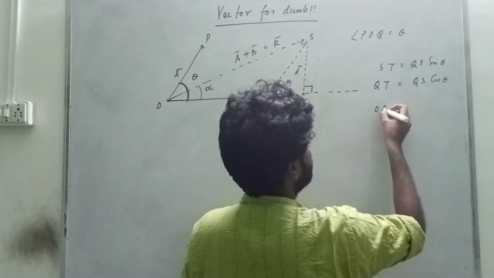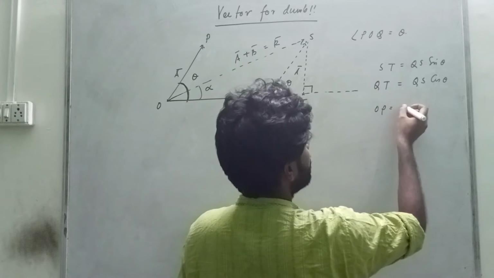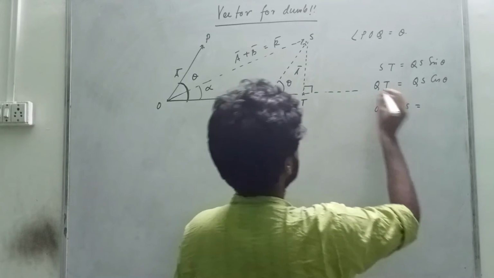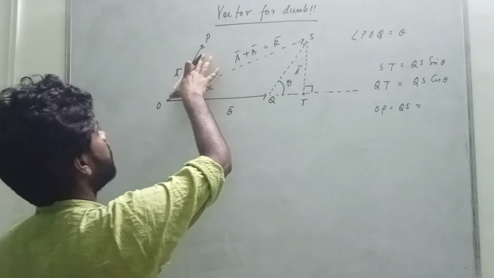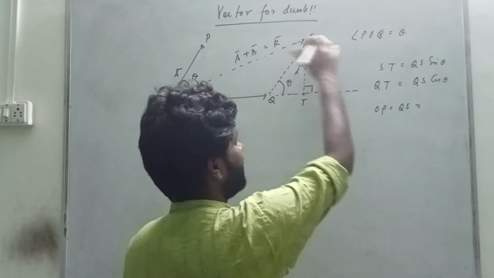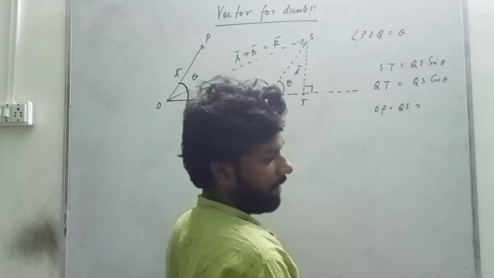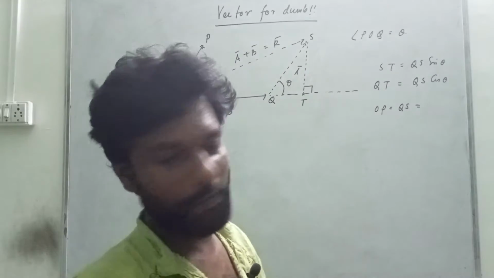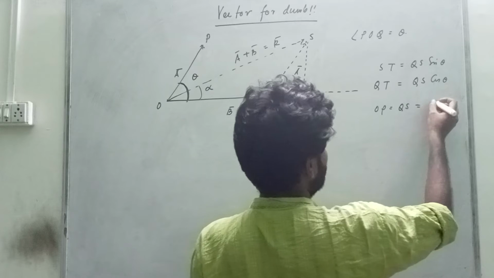OP means QS, and it is the length of the vector A, right? The length of this vector A is A, I mean the magnitude of vector A, which all of you know is the modulus of A, right?